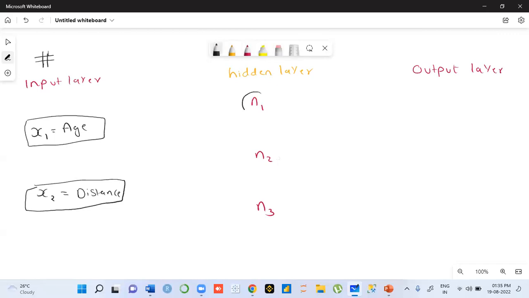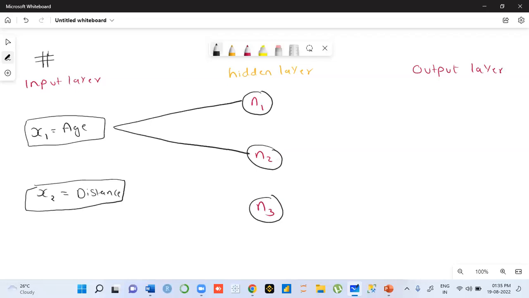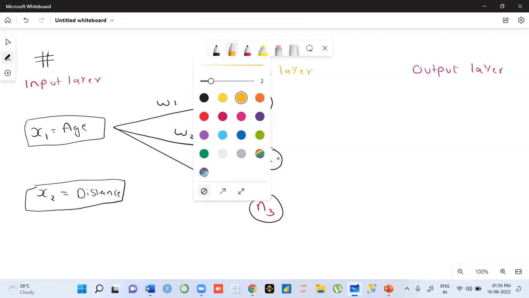Clear. X1 will go in N1. This will also go in N2. Will also come in N3. Weight 1, weight 2, weight 3. ये clear हो गया, guys? Any question on this? Can ask.